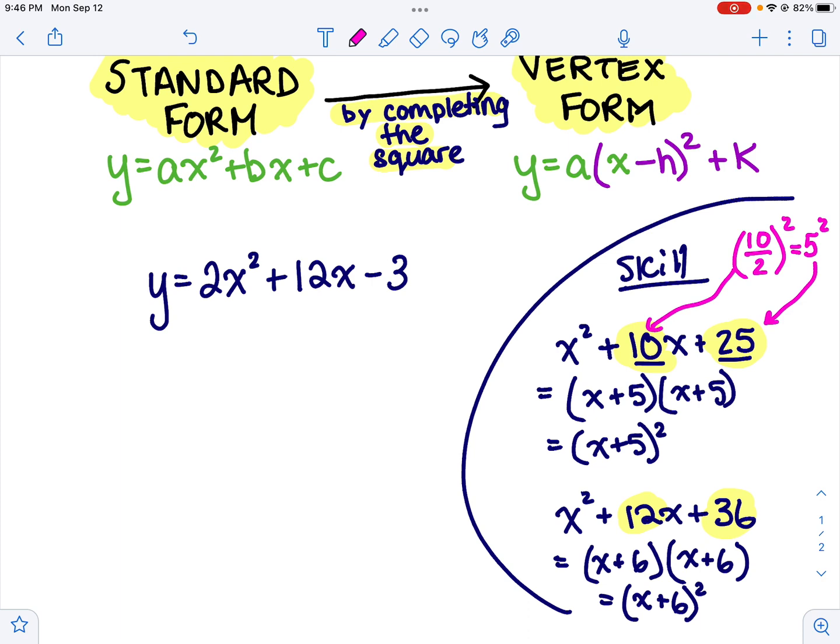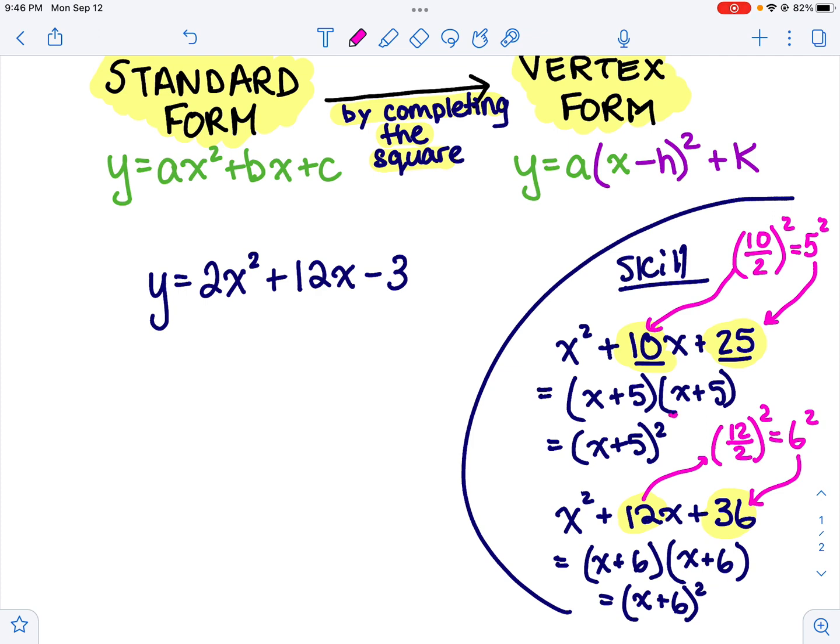Let's try it here. If I take the number 12, divide it by 2 and square it, 12 divided by 2 is 6, and 6 to the power of 2 is 36. So the middle term and the last term always have that relationship in a perfect square trinomial.